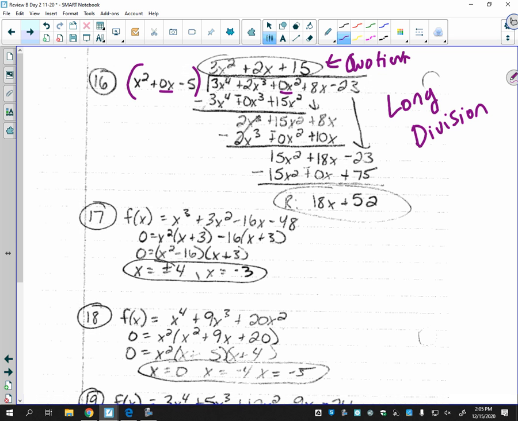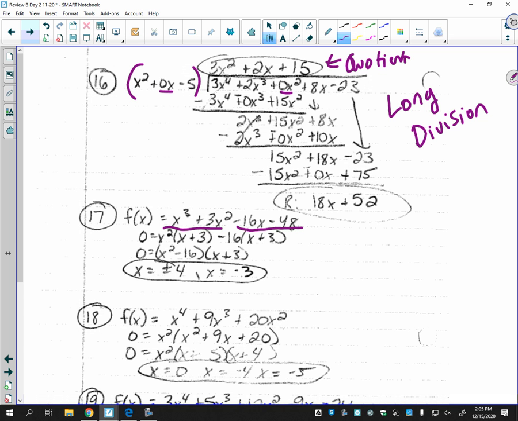Solving polynomial equations. You can do PRZs every time, but remember, if you can factor, or you can do GCF, factor by grouping, those are ways that are going to be faster to do. So like on 17, there's 4 terms here. I grouped them together to see if I could do factor by grouping.